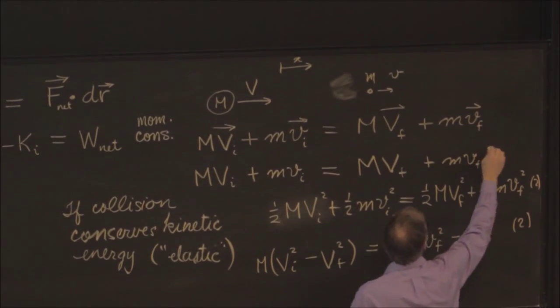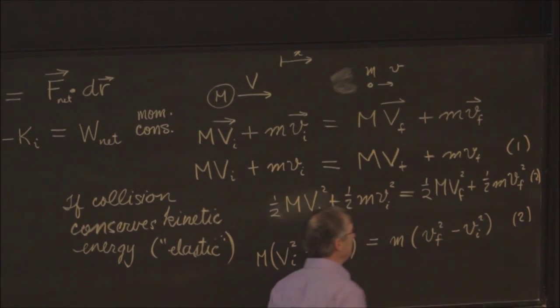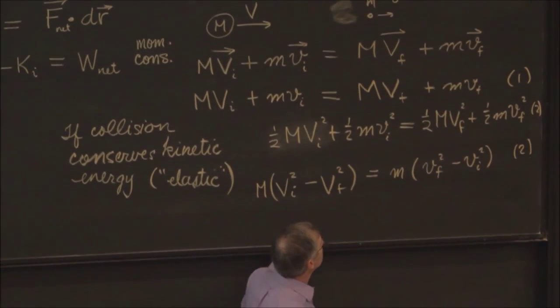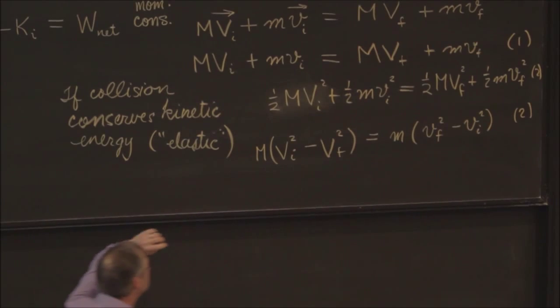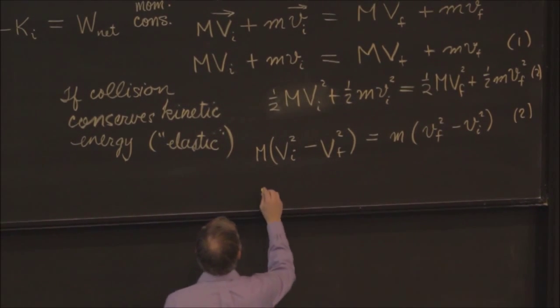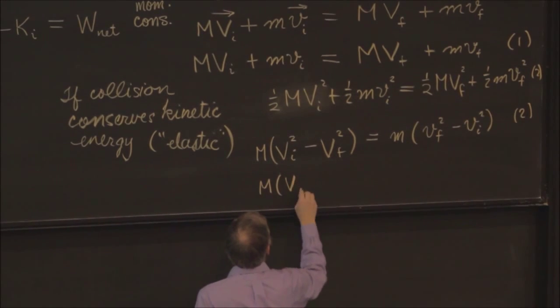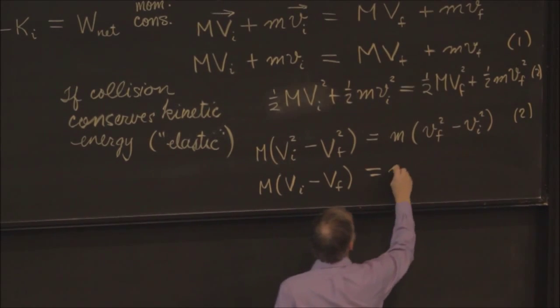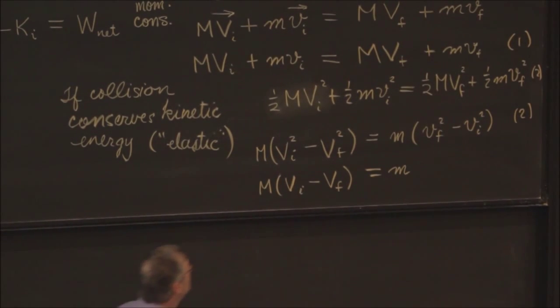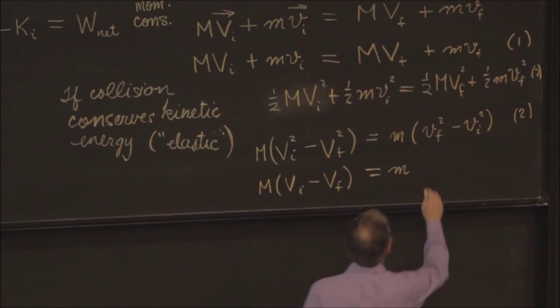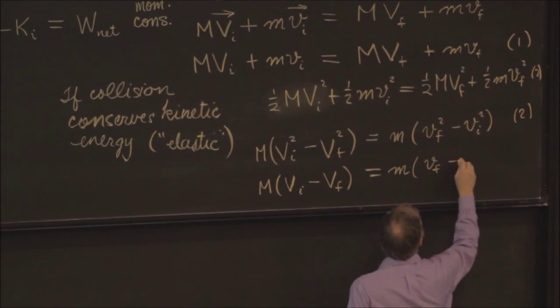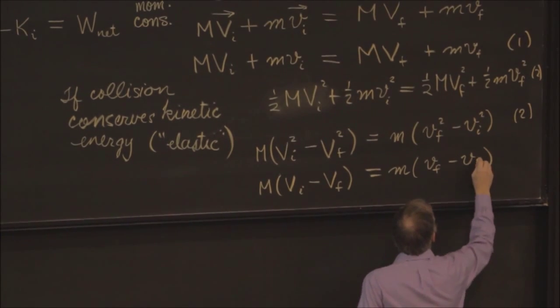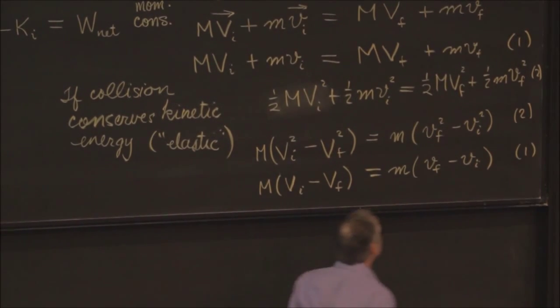And I also have a momentum equation, number 1, that I'm going to subject to the same treatment. I'm going to put the terms that refer to big M on the left. So that would look like V initial minus V final. And I'm going to put the terms that refer to the little m on the right, and what would that give me? v final minus v initial. So that's just rewriting equation 1.